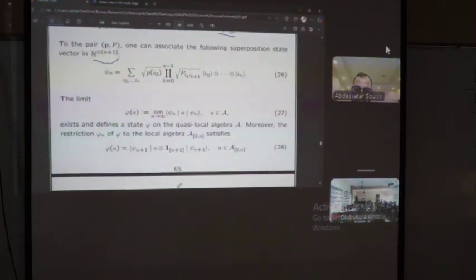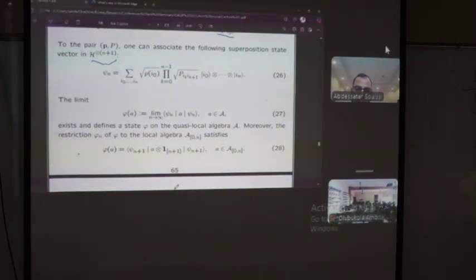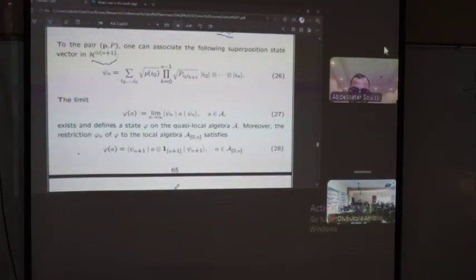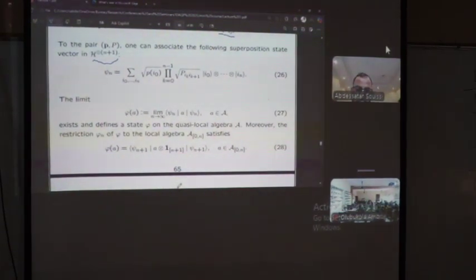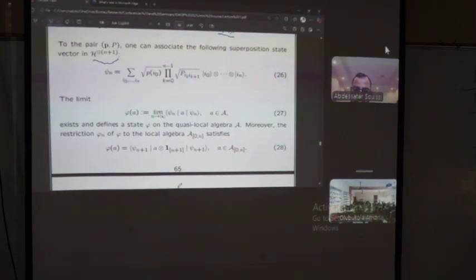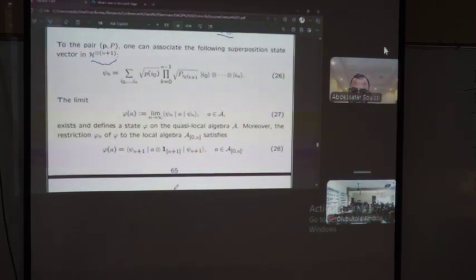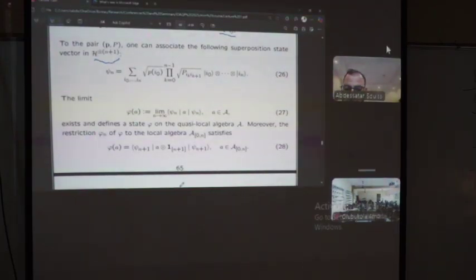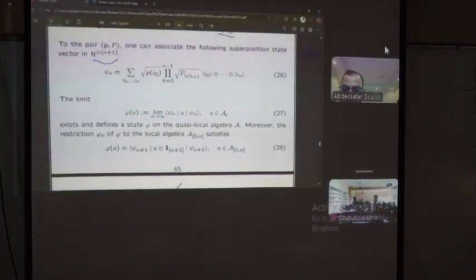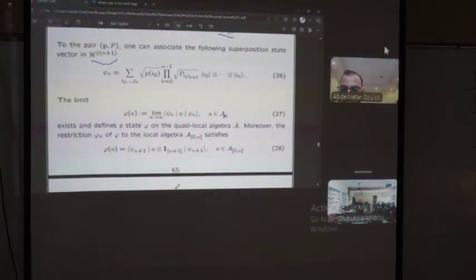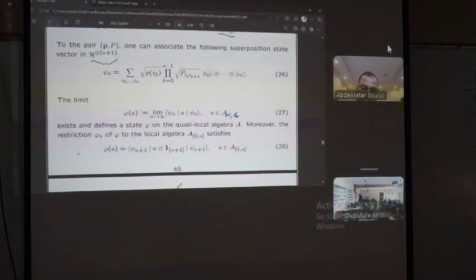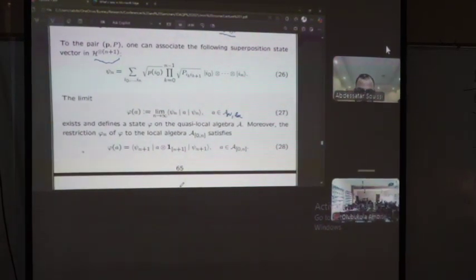Phi is interpreted as the limit as n goes to infinity. Then we interpret this state as the limiting state on the operator A, and here taking the local algebra is going to be more convenient, where A is finite.